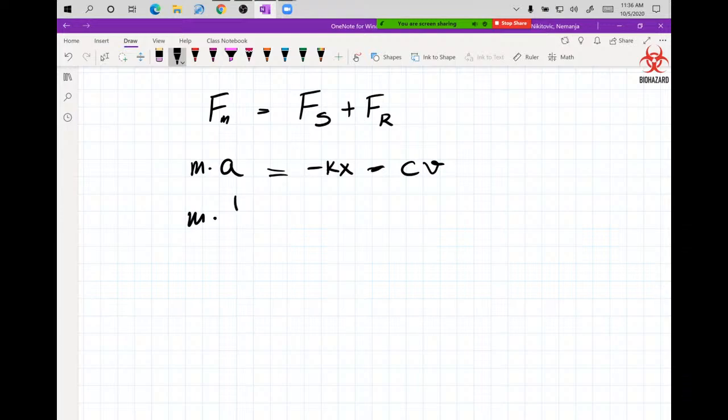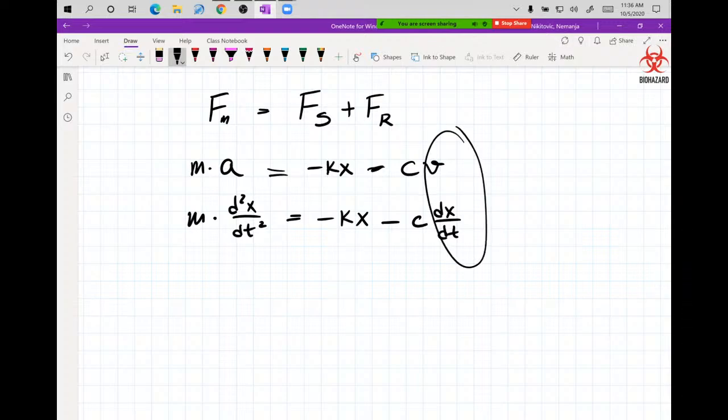So mass times the second derivative of distance is going to be equal to negative kx minus c, and then I'm going to have dx/dt here because this is the velocity, right? Velocity is change in position in time, like miles per hour, right? x is a distance in miles, t is time in hours, so miles per hour.